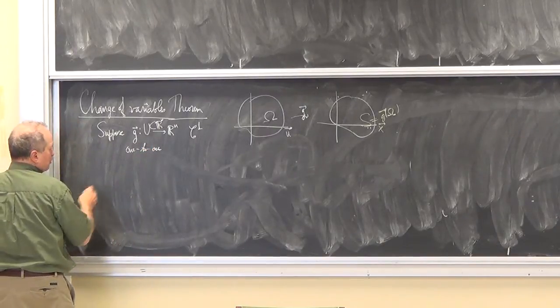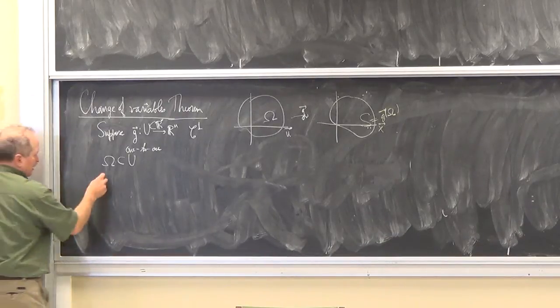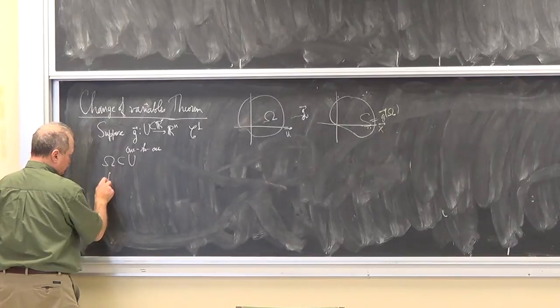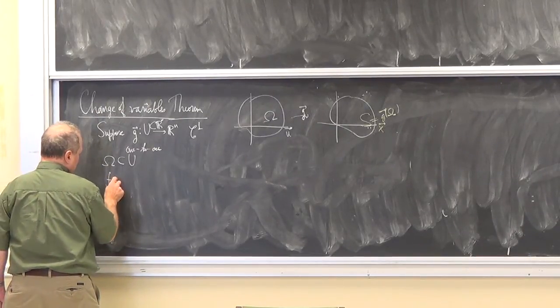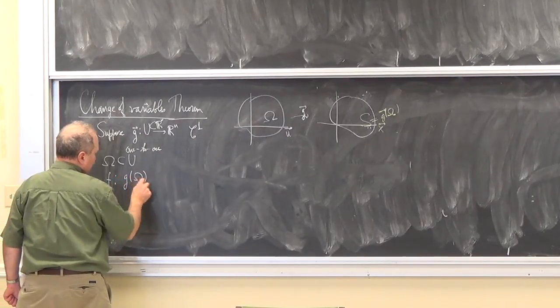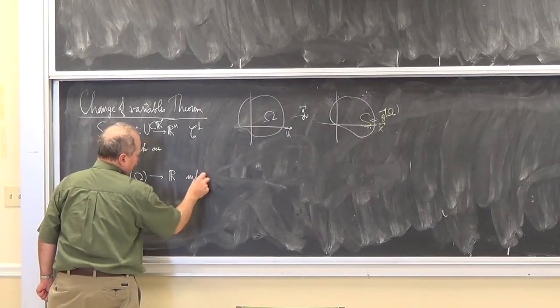And we said, suppose omega is contained in U, and F, mapping g of omega to R, is integrable.